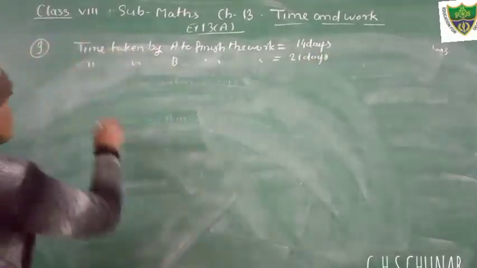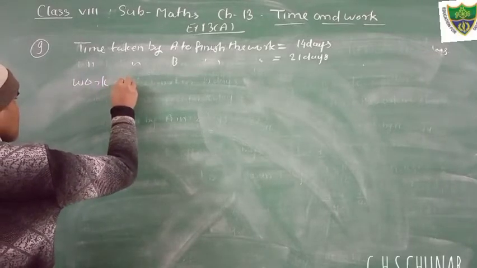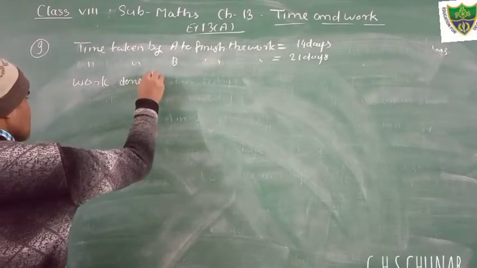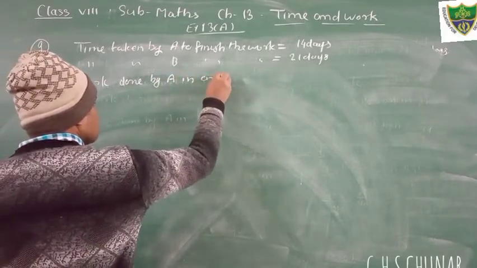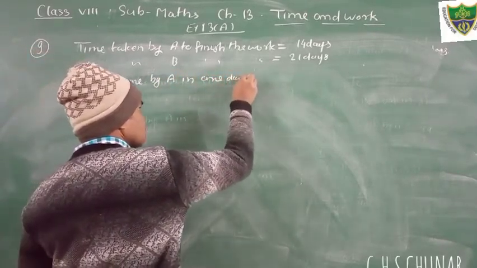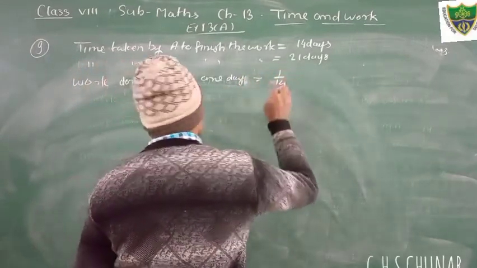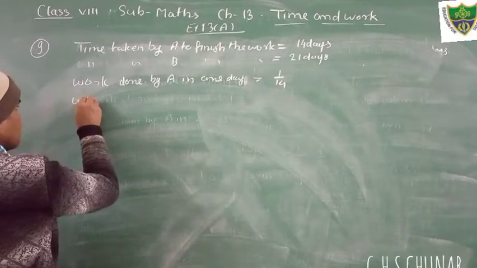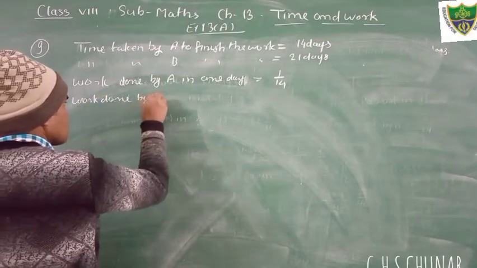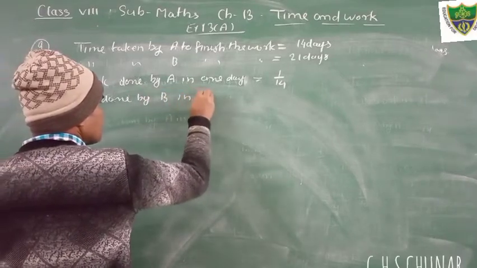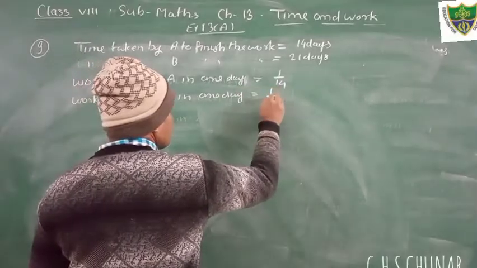Now, work done by A in 1 day is 1 upon 14, and work done by B in 1 day is 1 upon 21.